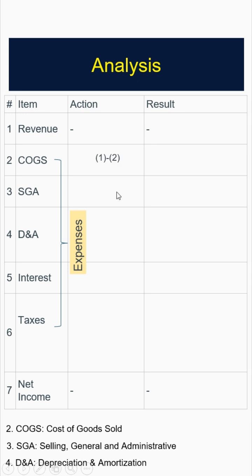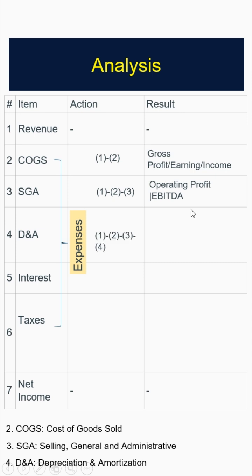Now, if we subtract 2 from 1, we get gross profit, also known as gross earning or gross income. Similarly, if you subtract 2 and 3 from 1, we will get operating profit, also known as EBITDA. And when you subtract 2, 3, 4 from 1, we will get EBIT, which is earnings before interest and taxes.